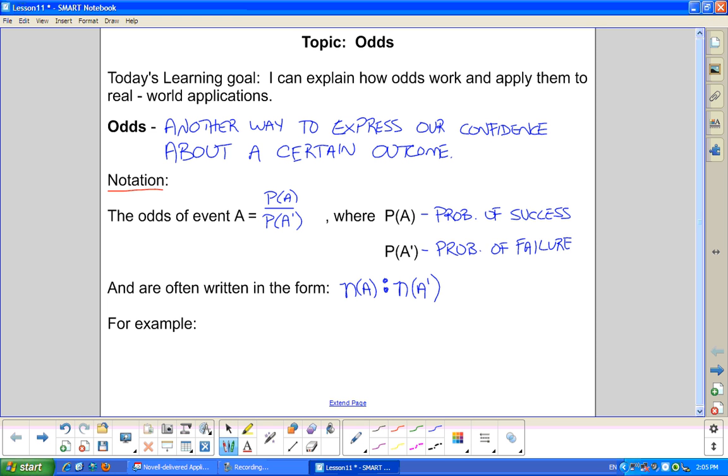So for example, there might be 2-to-1 odds on a horse winning a race.